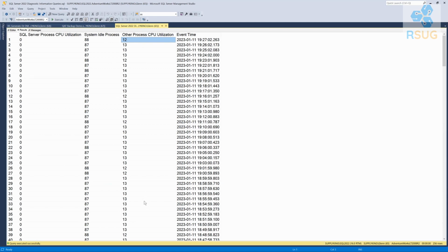So other things that are running on my machine are using 12, 13%. And in real life, I'd be unhappy if I saw that. Why are other things besides the SQL Server database engine using this much CPU on the server? I'd pull up Task Manager to start with and try to figure out what is using all this CPU on the database server. Usually you're sitting in your office or cubicle and somebody comes in and says, "Hey, the website is slow.